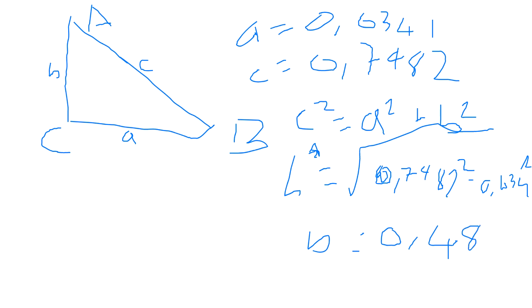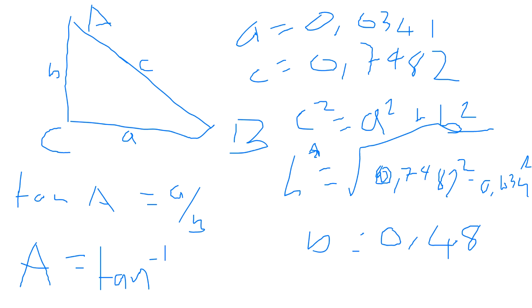For instance, I can say that tan A is opposite over adjacent, which will be A over B. So A will simply be equal to tan inverse of 0.6341 over 0.48. Then you can easily find angle A.